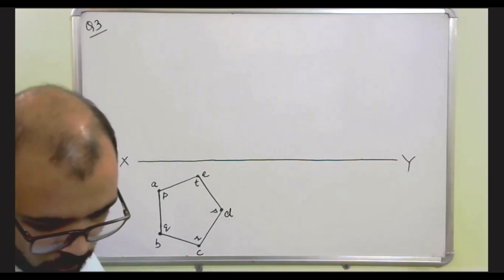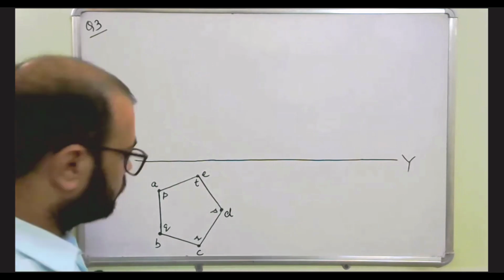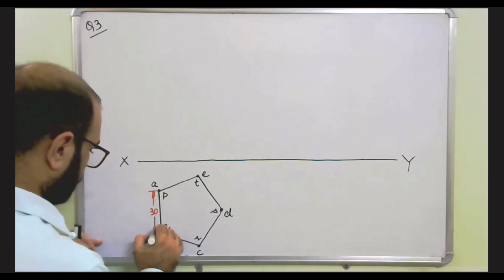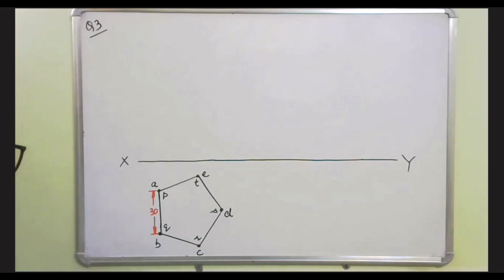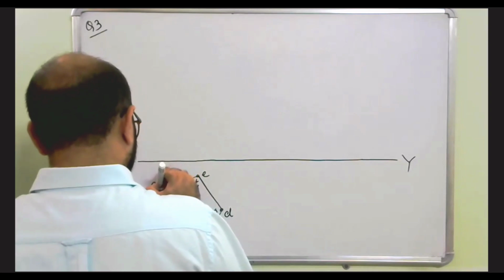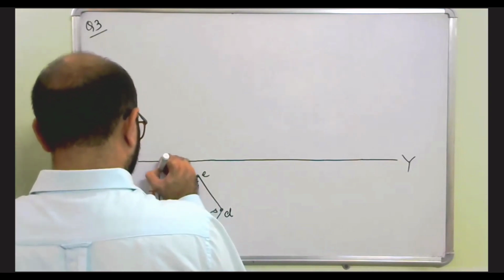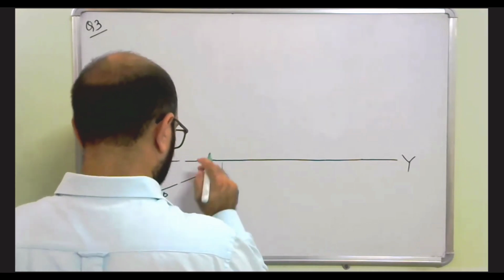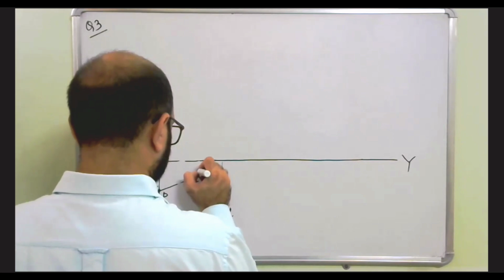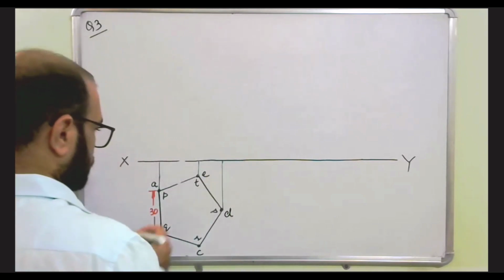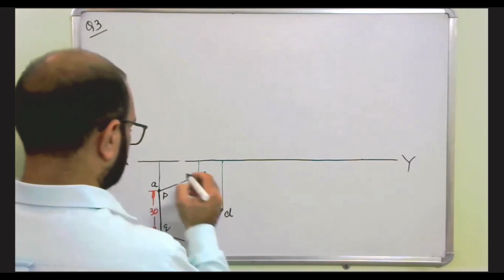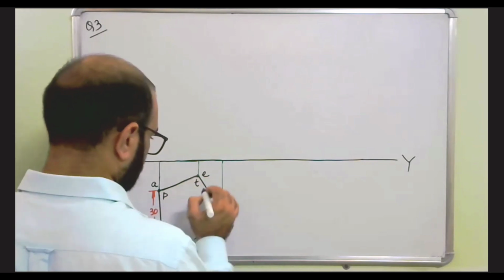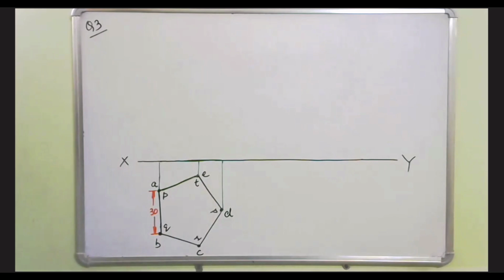One side is equal to 30 mm. Now draw the projection lines. These are the projection lines.